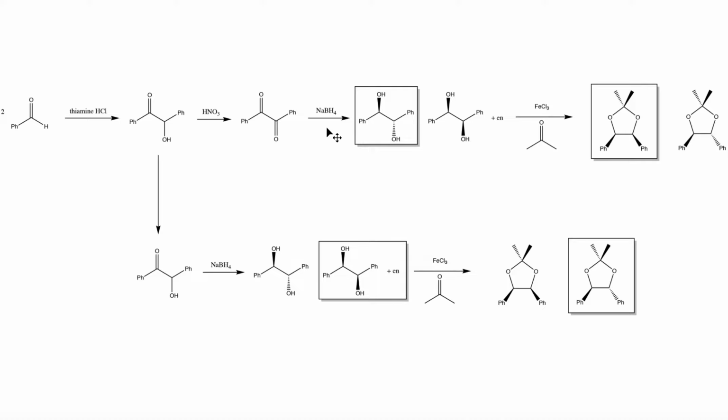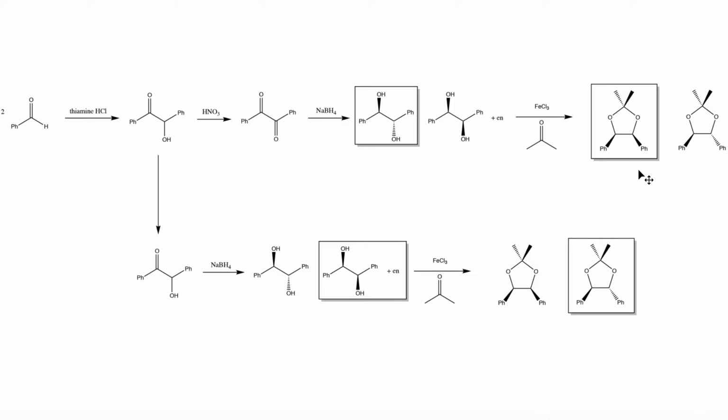We reduce benzil with sodium borohydride to produce the meso stereoisomer, and this is because the mechanism shows that the reduction reaction is stereoselective, and this is because when you do the first reduction reaction, it will cause the molecule to rotate and adopt the most stable three-dimensional conformation, and we've seen that with our Newman projections. Afterwards, we form the acetonide, and because we had our meso stereoisomer, it forms the cis acetonide, and we form the acetonide so that we can analyze it using proton NMR.